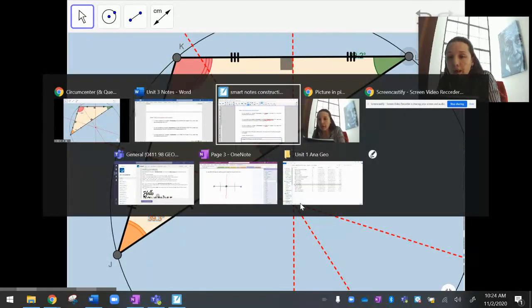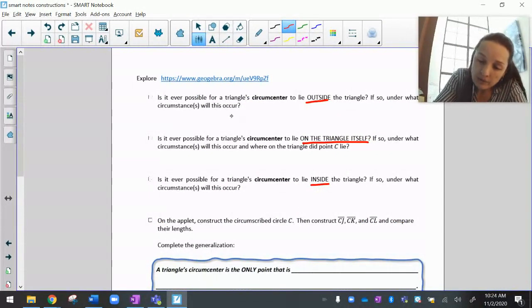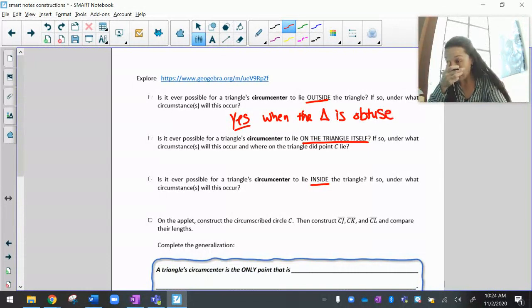So if we go back to our notes, is it ever possible for the circumcenter to be outside? Yes, when the triangle is obtuse, meaning it has one obtuse angle. Is it ever possible for the triangle circumcenter to be on the triangle?